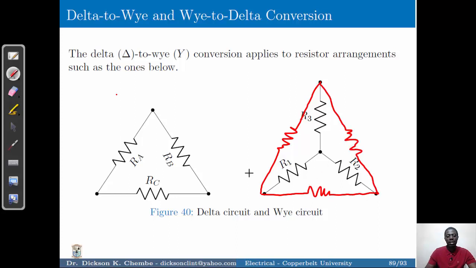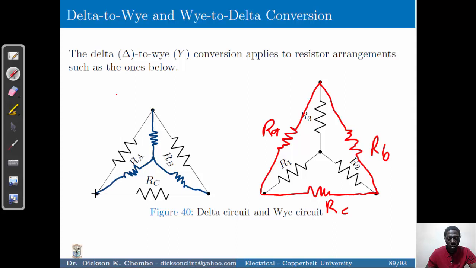And if you're converting, this can be labeled as RA, RC, RB. If you're converting this circuit to a Y, then between RB and RA, you're going to have a resistor which will come to the neutral point, and from that neutral point you have another resistor going all the way there, and another resistor will come here going all the way there.